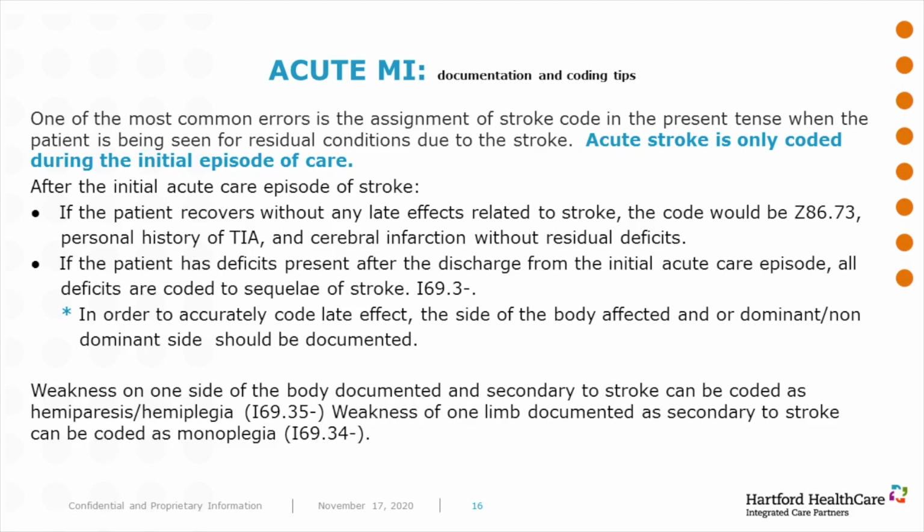As a coder, if I see weakness on one side of the body documented as secondary to the stroke, then I can assume the relationship of hemiparesis or hemiplegia for that late effect of the stroke. And weakness of one side limb documented as secondary to the stroke can be coded as monoplegia, late effects of that stroke.